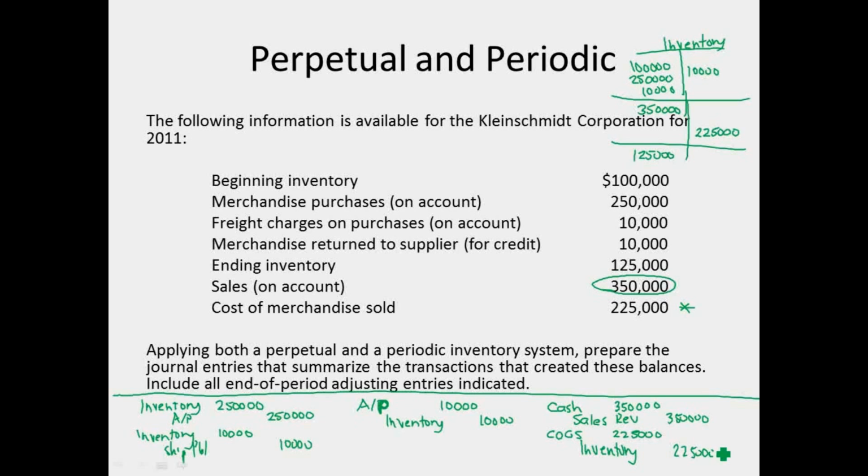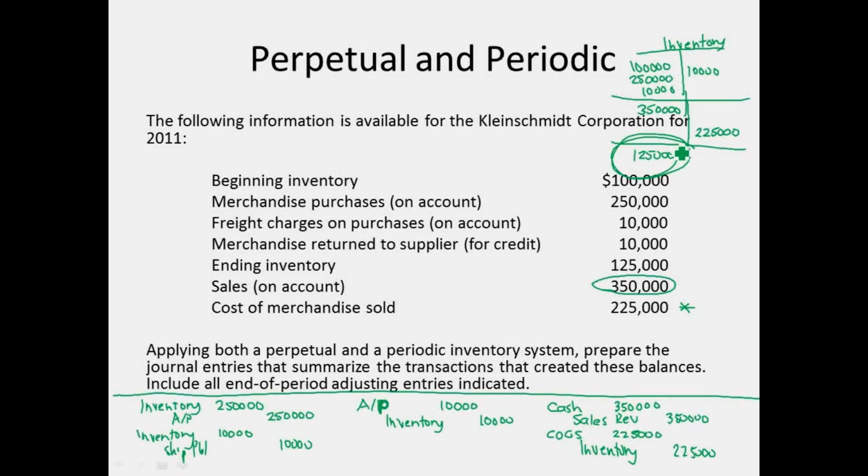In this sort of system, I'm not figuring out how much I have left based on the count as much as I figured out what my cost was, and therefore I must have 125 left because I started with 350. I sold goods that cost me 225, so unless I'm really bad at controlling my inventory, I must have 125.